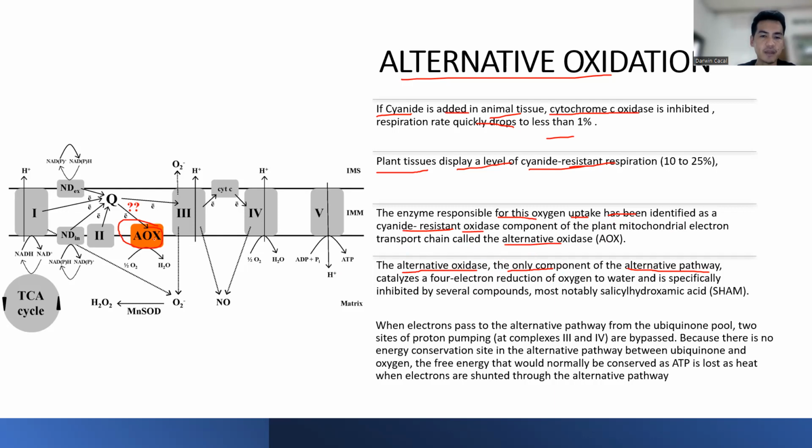So, the enzyme present here in our AOX is alternative oxidase. Okay? What does alternative oxidase do now? So, what alternative oxidase does is catalyze, or enhance, the 4-electron reduction.